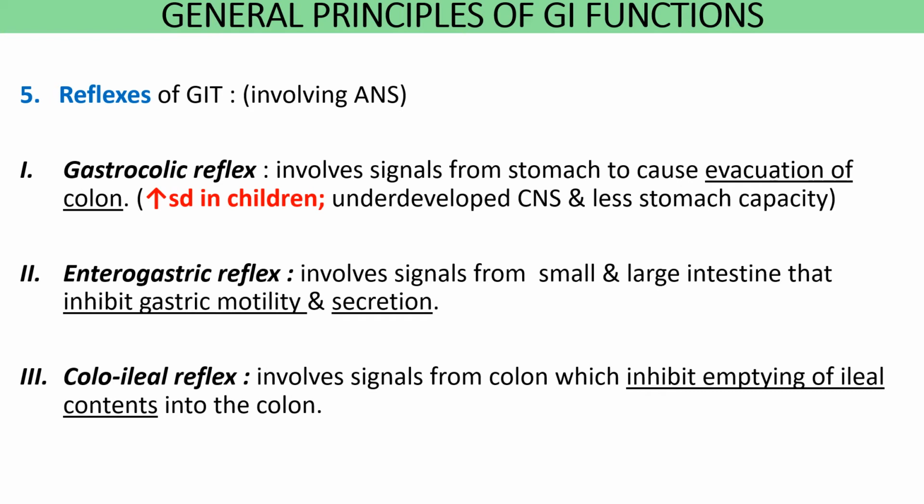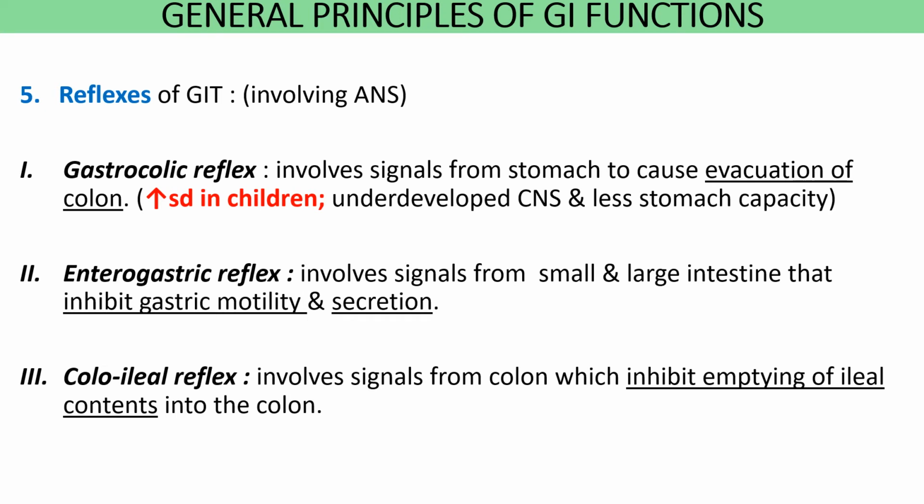Now, there are many reflexes which are operating in the GIT. Some of the important reflexes are the gastrocolic reflex, enterogastric reflex, and coloileal reflex. The gastrocolic reflex is quite interesting. Whenever there is food in the stomach, whenever a person eats, he has a natural urge to defecate. This is due to the gastrocolic reflex.